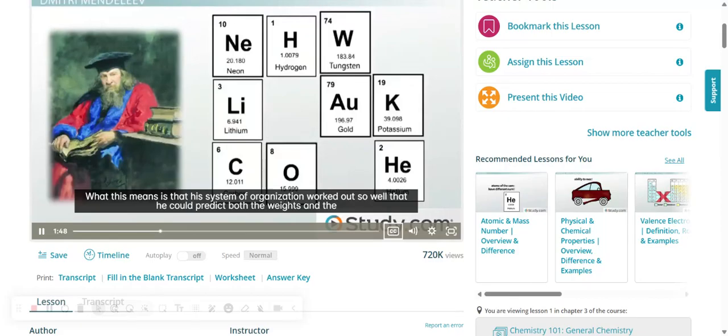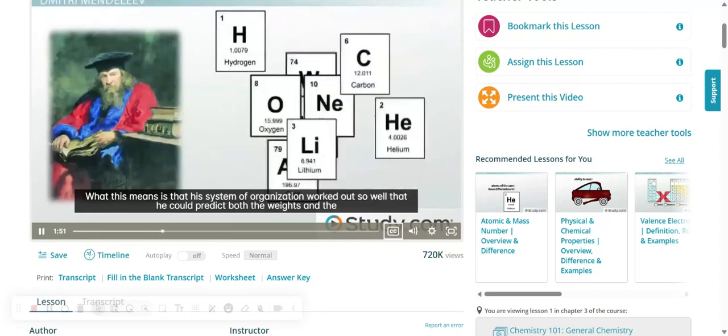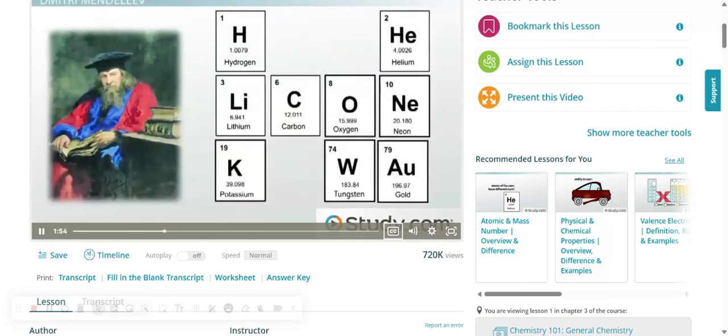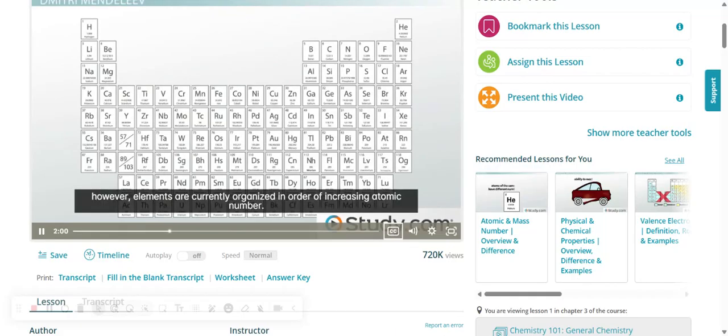What this means is that his system of organization worked out so well that he could predict both the weights and properties of undiscovered elements. We're still using this organization today in the periodic table. However, elements are currently organized in order of increasing atomic number.